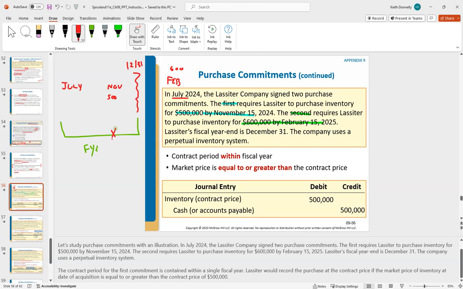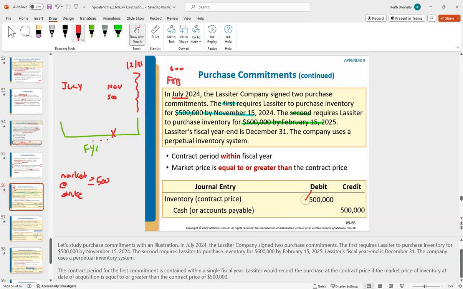So whenever we strike on this, whether it's in November or beforehand if the contract allows, if at that point in time the market price, what this thing is now worth, at the strike date is greater than or equal to 500 bucks, then we will just use the 500 bucks.